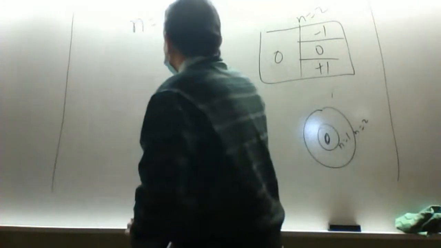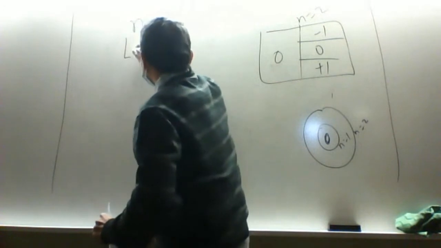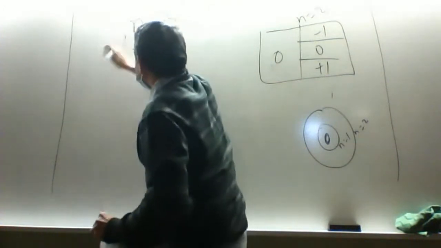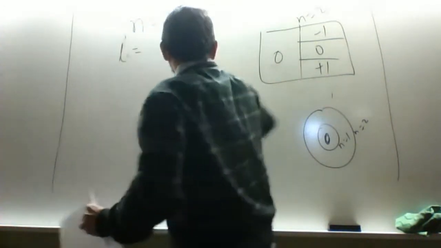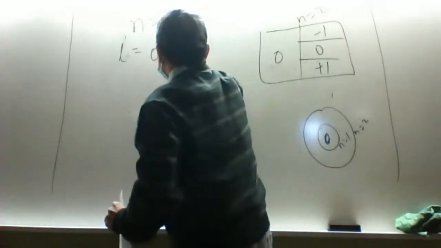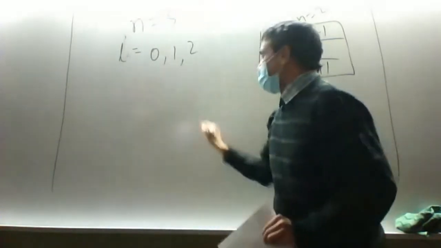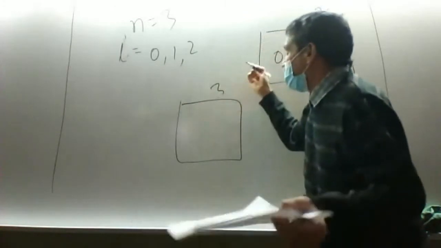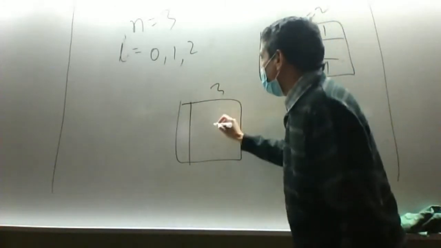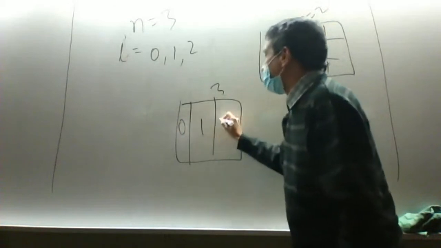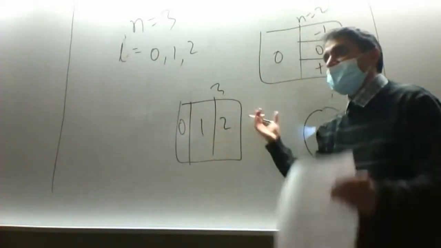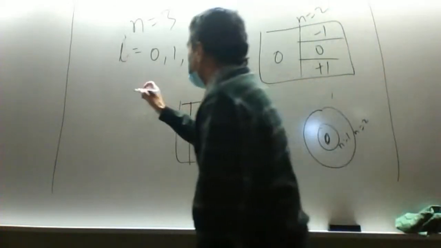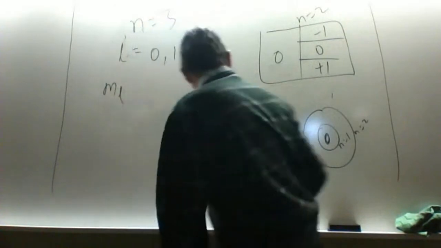Now I'm going to cut that big house and give it the name L, and I need to start from 0: 0, 1, 2. The big house, the number 3 shell, somebody comes and cuts it into 3 parts and gives the names 0, 1, and 2. So the third shell can be cut like this, and then ml. Now you are going to write.